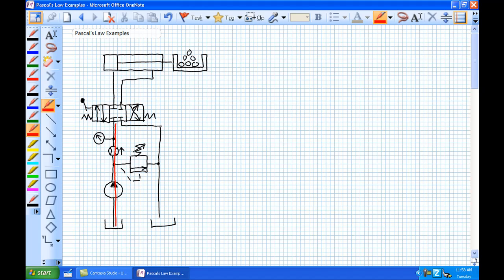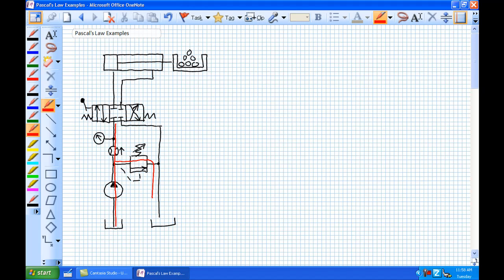Basically, this is a confined fluid under pressure, and the pump is going to keep on pumping and keep on pumping, and pressure is going to rise, and we're going to see our pressure gauge rise from 0 till it reaches the setting for the pressure relief valve, and let's say it's set at 900 psi, at which point it opens up and starts dumping that flow to the tank.